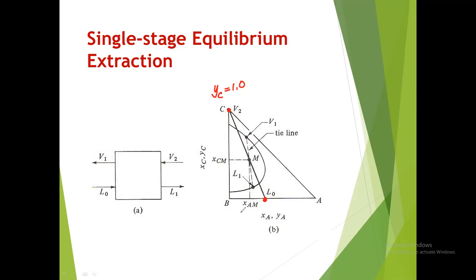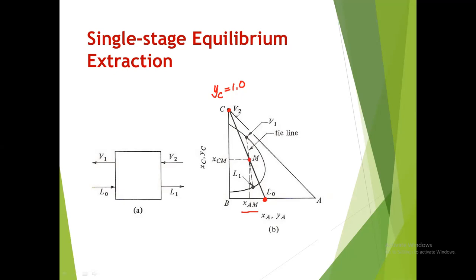You simply determine, if not given in the problem, the XAM, or the composition of the solute in the bulk phase M. And then from the horizontal axis, where that value of XAM is read, you go up and end on the line joining LO and V2.